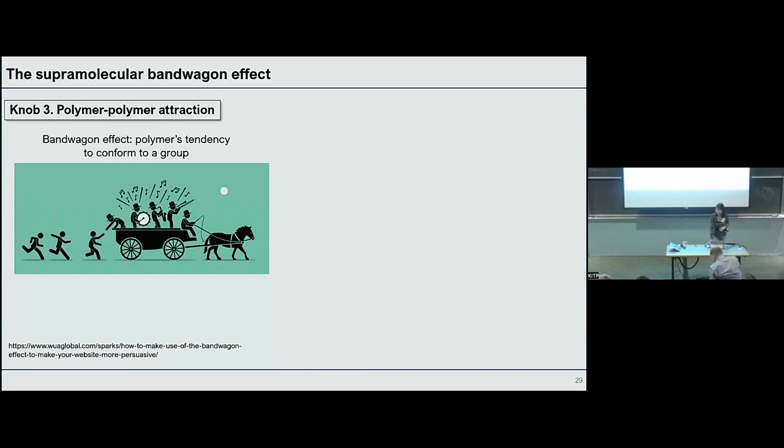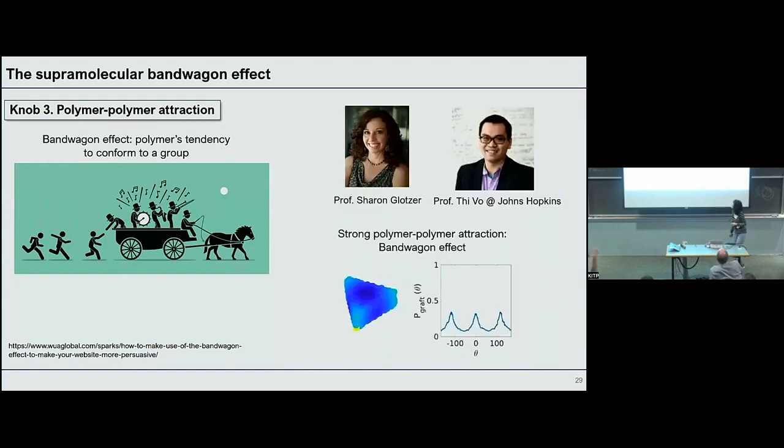And this picture was captured by Sharon and also Sharon's former postdoc T, now faculty here at Johns Hopkins. In T's simulation, he was able to show in real time the polymer absorption dynamics. Basically, at very strong polymer-polymer attraction, the polymers would prefer to keep adding onto the same tip.